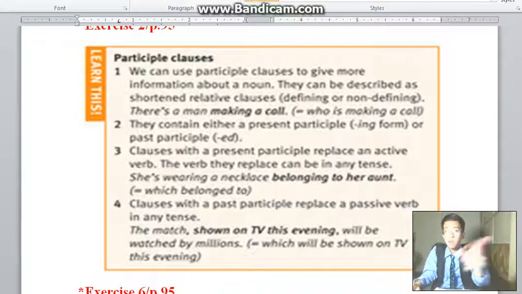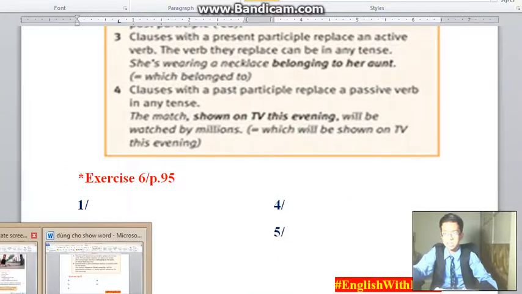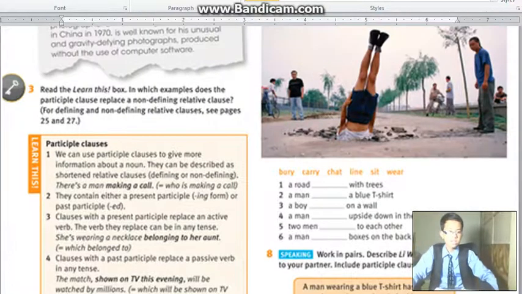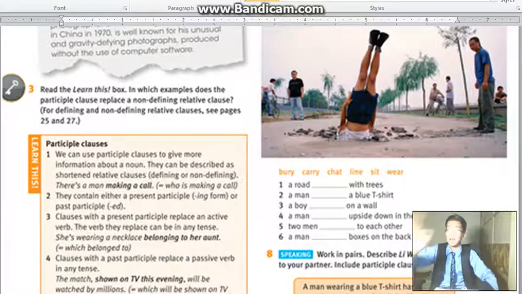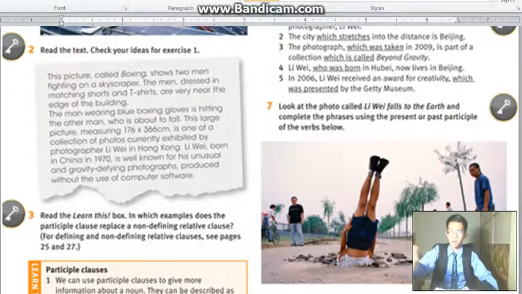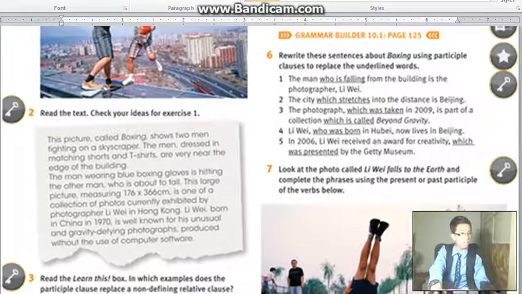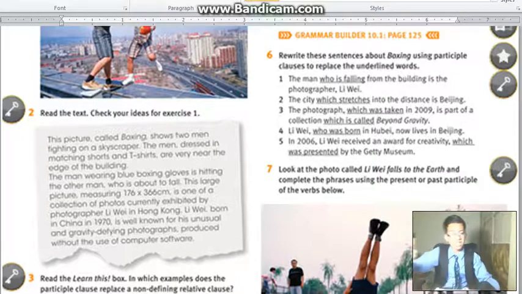Alright? So remember that. With those examples, you can know clearly how to do the exercises later. So when we're back, firstly, I will read to you the instructions of exercise number 6 on page number 95, so you can prepare. Then when we're back, we know what we do. Okay, so exercise number 6, they tell us to rewrite the sentences about boxing using the participle clauses, means the present participle or past participle, to replace the underlined words.